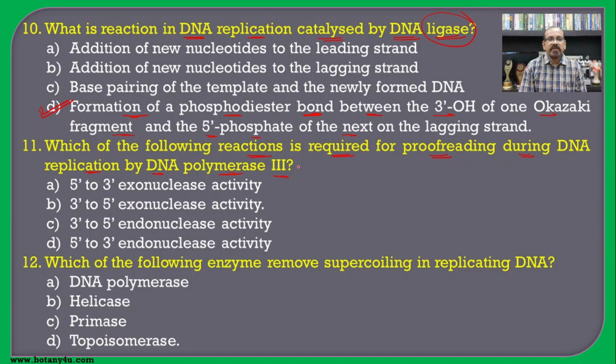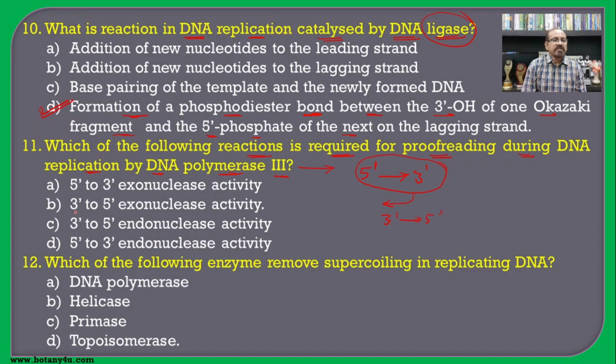Then, which of the following reactions is required for proofreading during DNA replication by DNA polymerase 3? The activity of DNA polymerase 3 is from 5' to 3' direction, but to proofread after replication, it needs to work in the reverse direction, 3' to 5'.